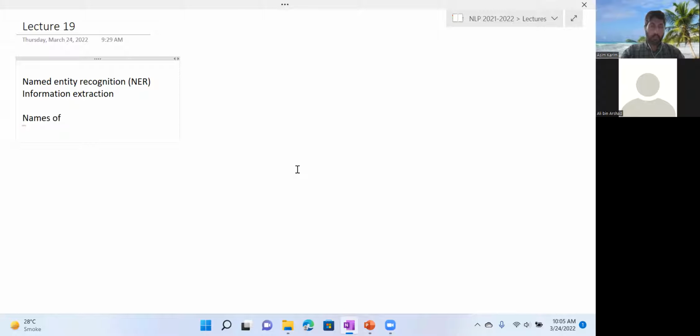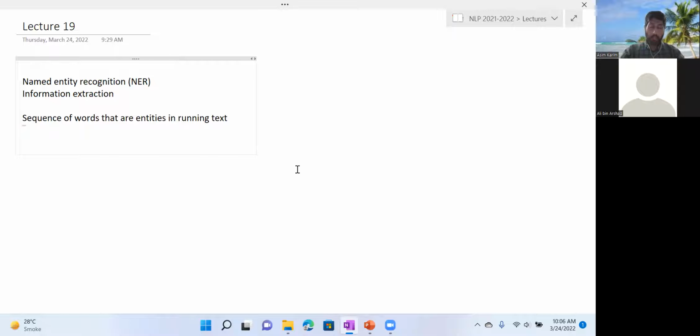names of entities, or sequences of words that are entities in running text.